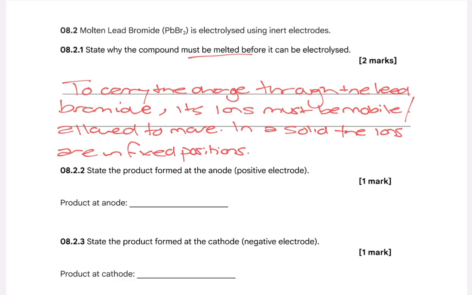So once we get the reaction working, in lead bromide we've got lead ions, Pb2+, and we've also got bromide ions, Br-.